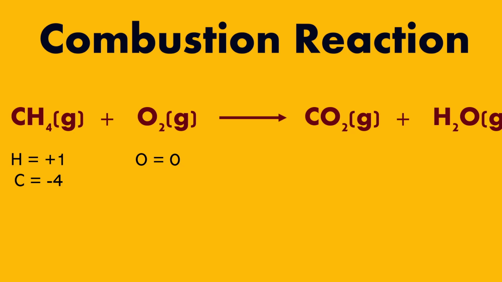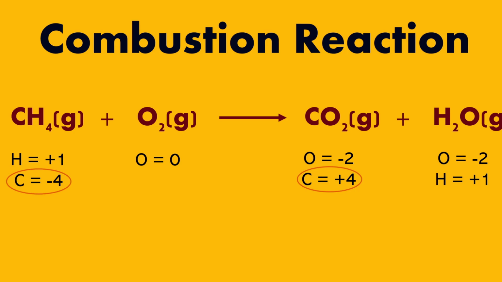Your oxygen, of course, is in its elemental state, so it's going to be 0 on the reactant side. And by the time we move to products, you can see that we're starting to change our oxidation numbers for oxygen and carbon. You can see carbon goes from a -4 to a +4, and oxygen goes from a 0 to a -2.